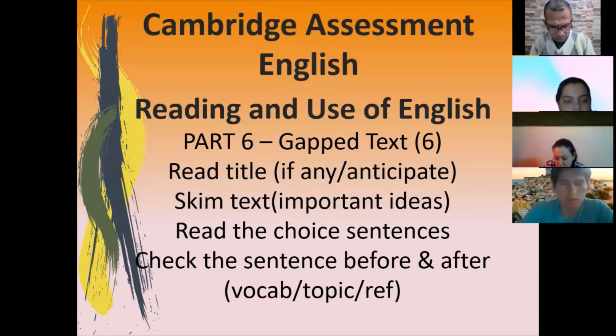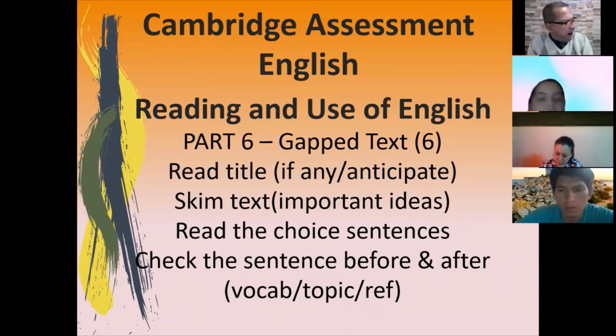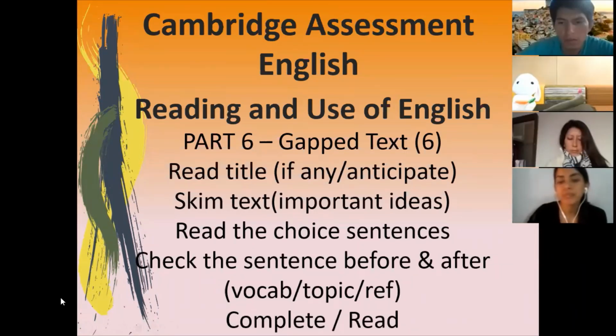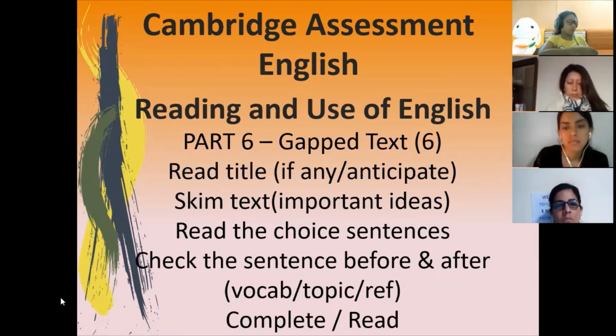For example, if the sentence to complete says something like, and then he decided to go to the beach, obviously he is doing a different activity before, and then he decides to go to the beach. You need to find those references in order to have a higher possibility of putting it in the correct place. And once everything is complete, as usual, read everything again and see if the sentences you completed actually fit and make sense with the complete reading.